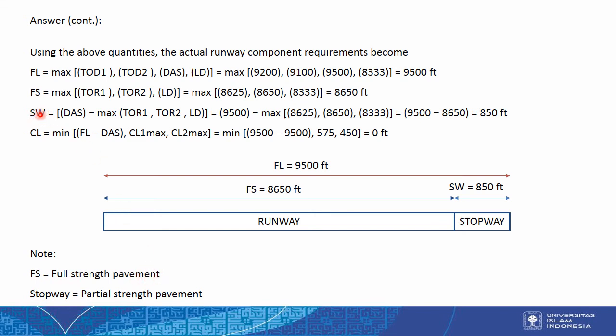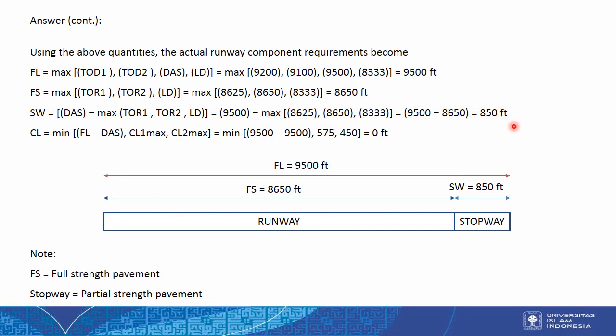So let's calculate the SW. SW is DAS minus the maximum number from TOR1, TOR2 or LD. So the DAS is here, minus the maximum from TOR1, TOR2 and LD. So we get 850 feet for the stopway, or SW.